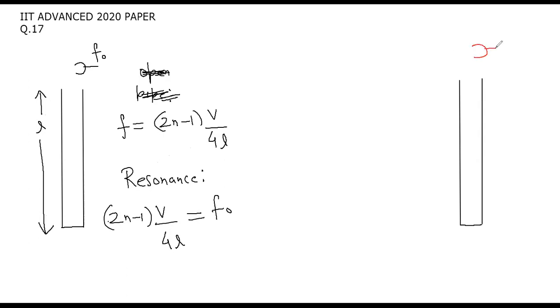Now the tuning fork is moved away with a speed v equal to 2 meters per second.